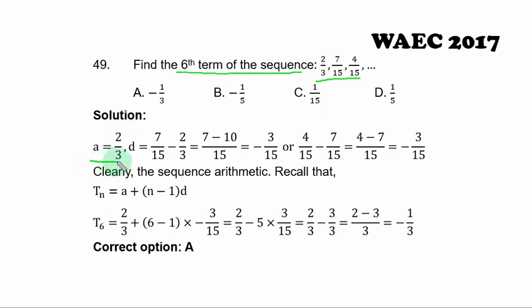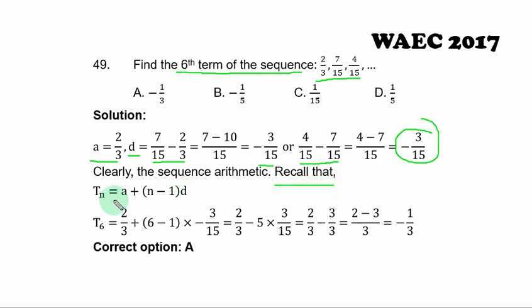For us to find out if it is an AP, we have to get the common difference. That is second term minus first term. You have this result. Or let's try third term minus second term. We have the same result. So the sequence is an AP since there is a constant common difference between the terms.